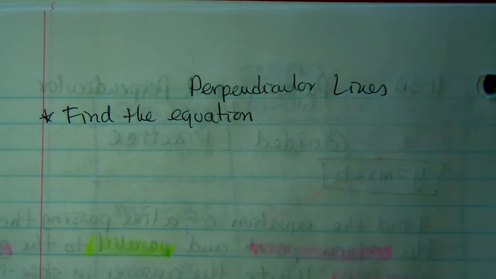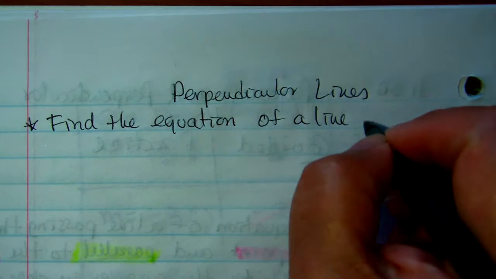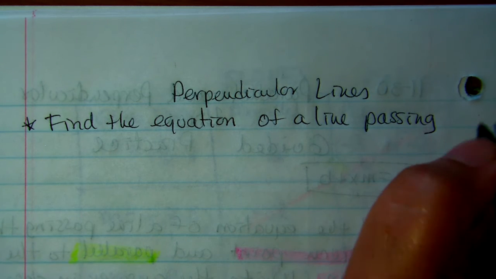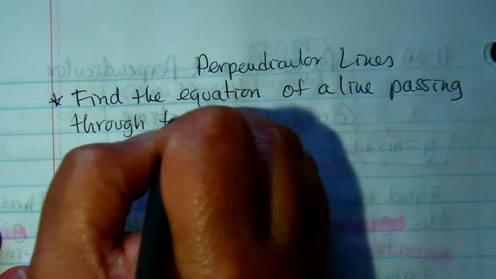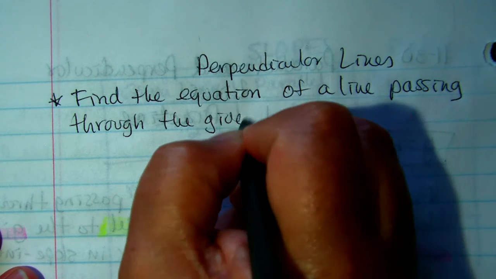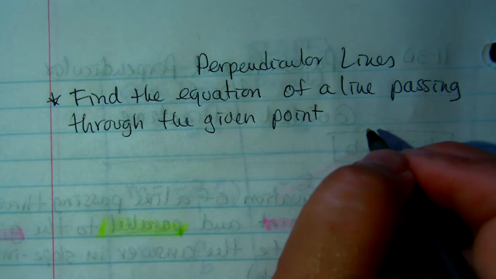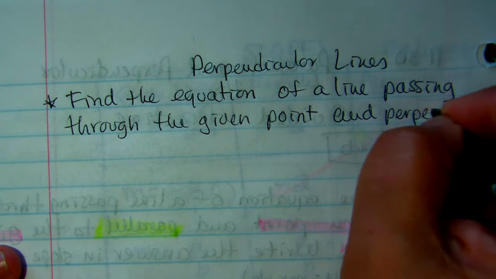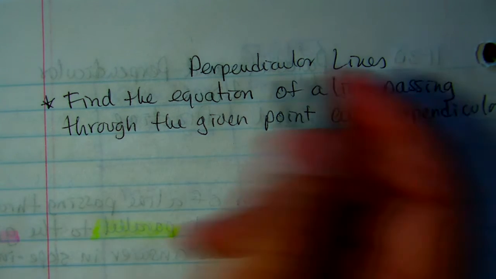Find the equation of a line passing through the given point and perpendicular to the given equation.